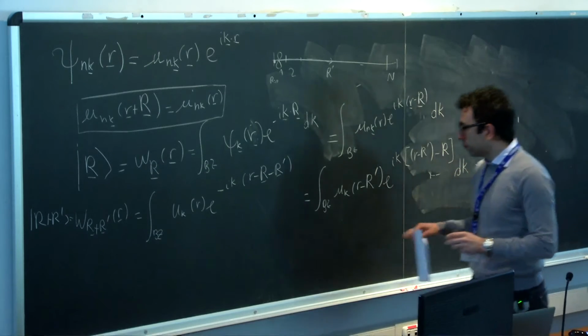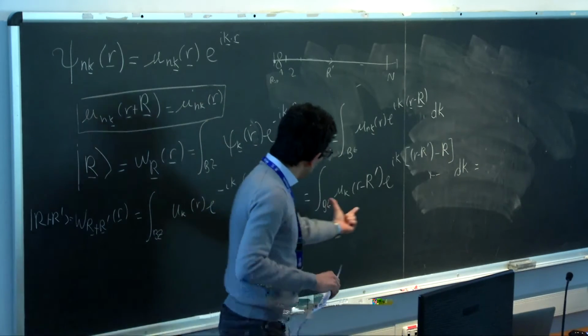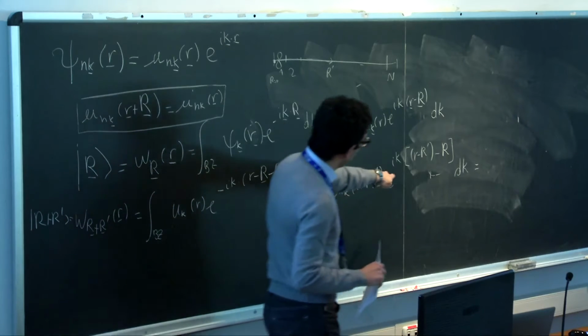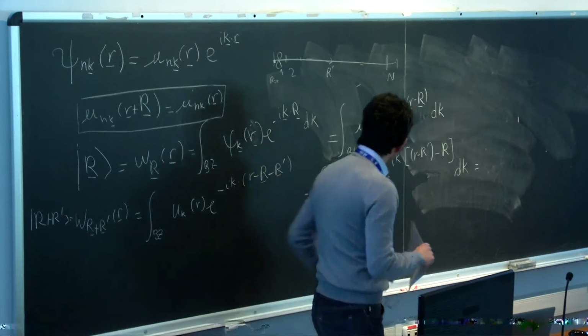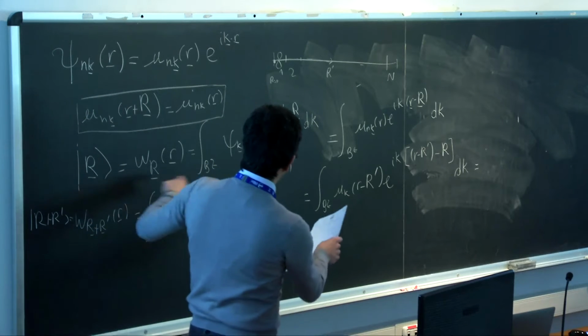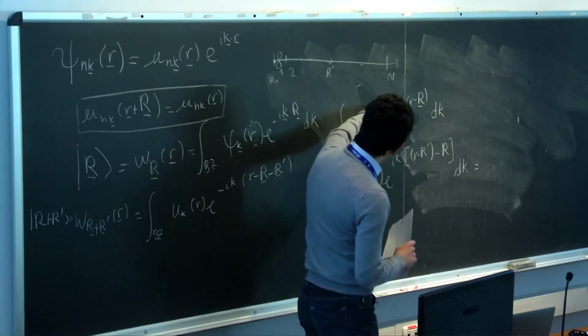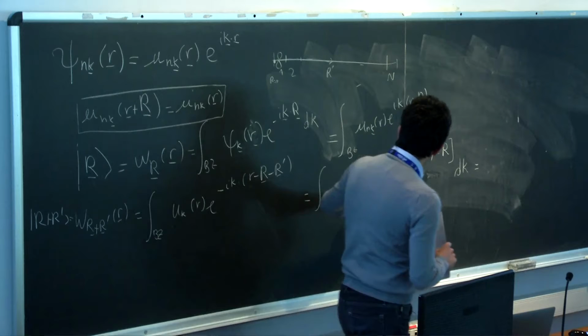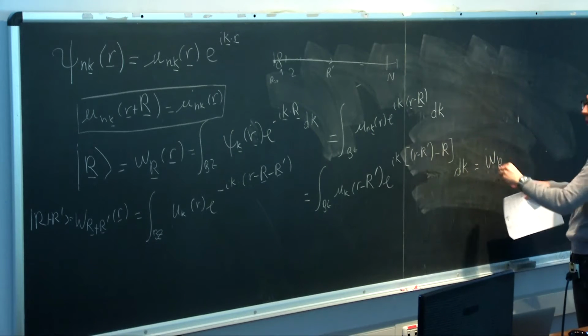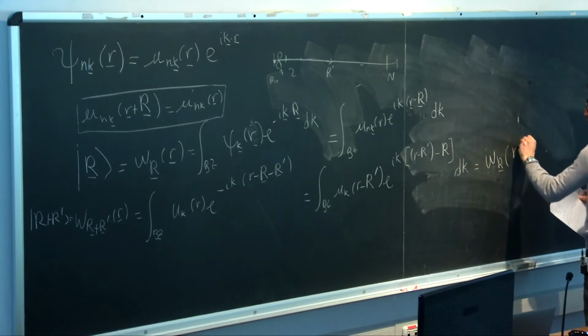If you see, here I just replace this with this, which are the same because of periodicity, and here I just collected a term. Nothing fancy. And if you see, this is nothing else but this function, where instead of r, I define r minus r prime. So this is just the function with index r defined at point r minus r prime.